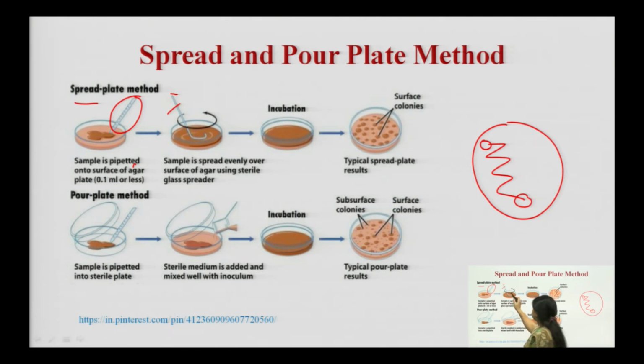Once we have spread by swirling, the sample is spread evenly over the surface of the agar using the sterile glass spreader. Then we will incubate in the incubator, and provide the conditions in which microorganisms can grow. After incubation, after 7 to 14 days, what will we see?